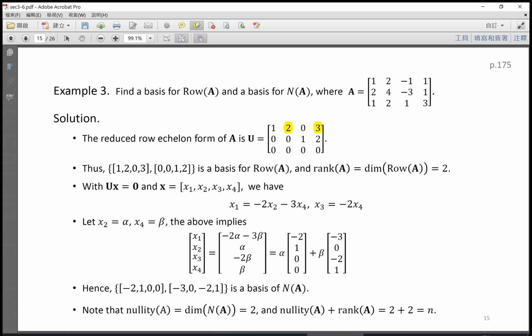Hence, UL is the first column and the third column of U. And AL is obtained from matrix A by deleting the same columns. That is, delete the second column and delete the fourth column. So AL is the first column and the third column of matrix A.